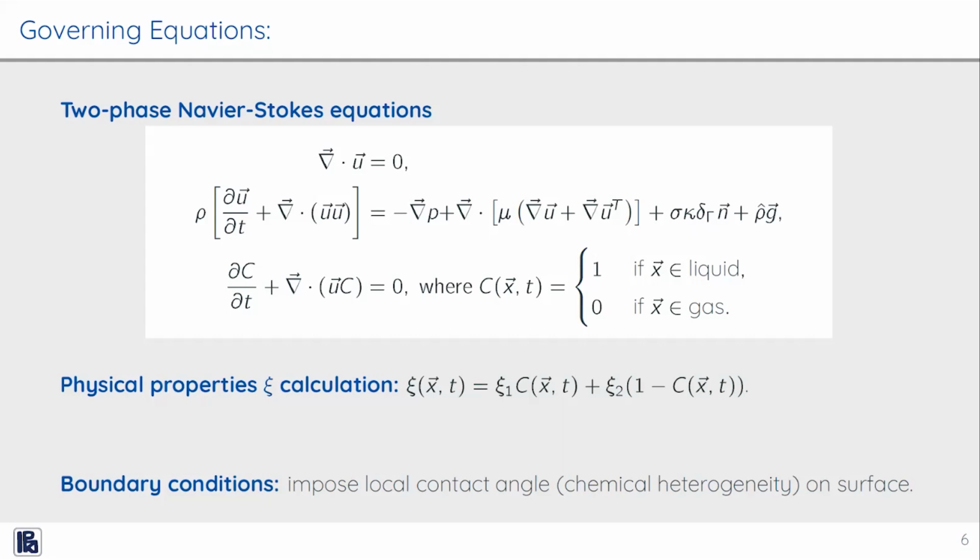And the physical properties are calculated as a weighted average between the physical properties of each phase. And the information for the heterogeneities, how hydrophilic or hydrophobic each region of the surface is, comes through the boundary conditions.